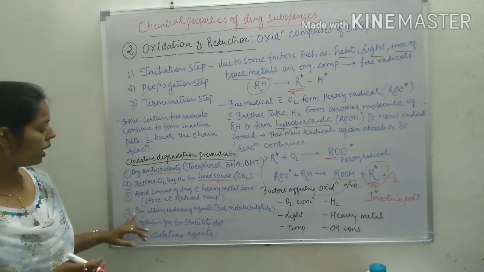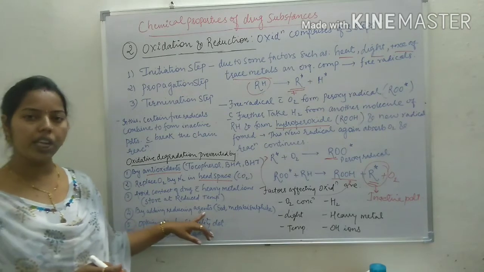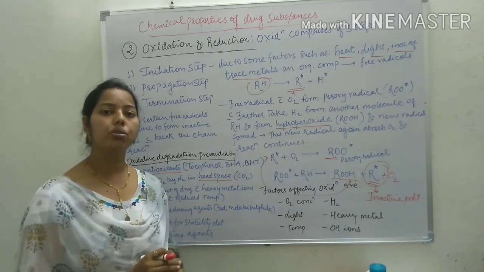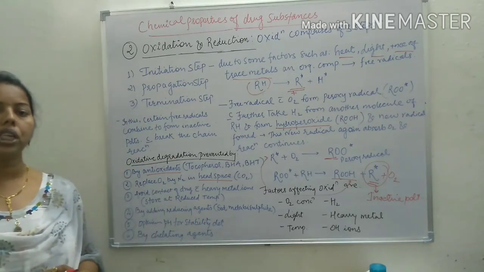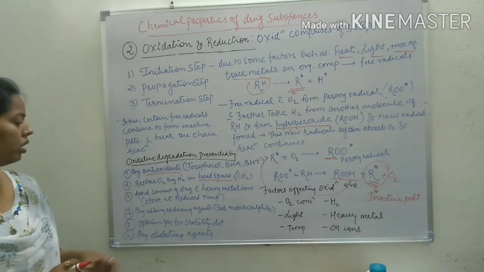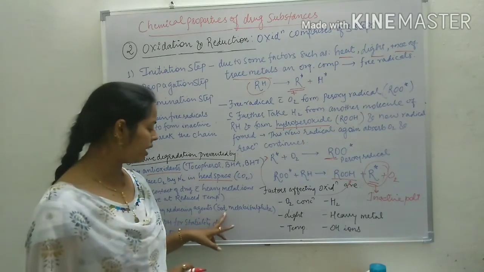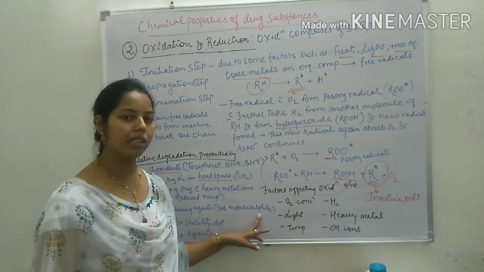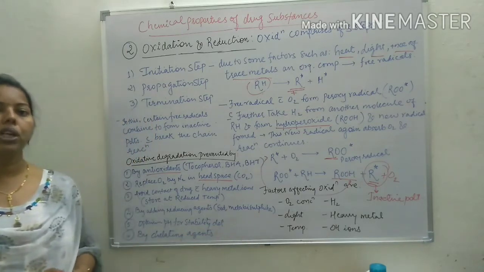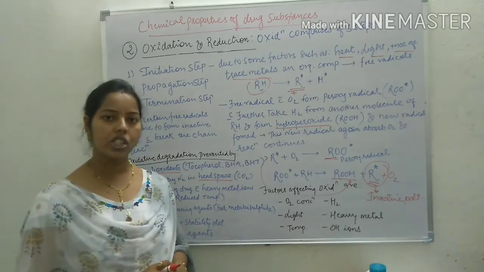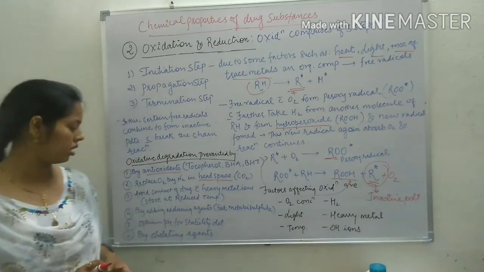After that, we can add a reducing agent into the formulation to prevent oxidation. For this purpose we can add sodium metabisulfite into the formulation as a reducing agent or antioxidant.